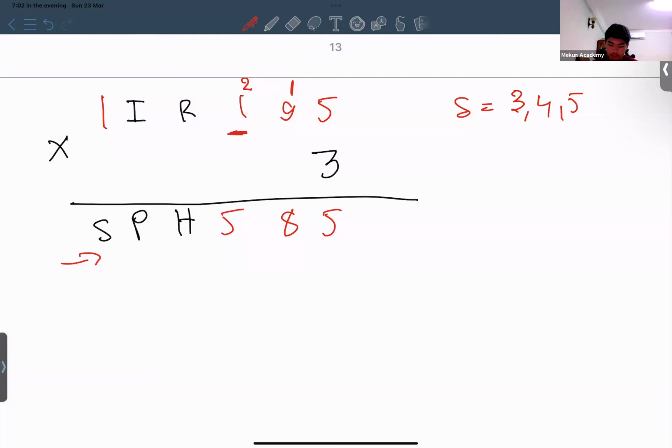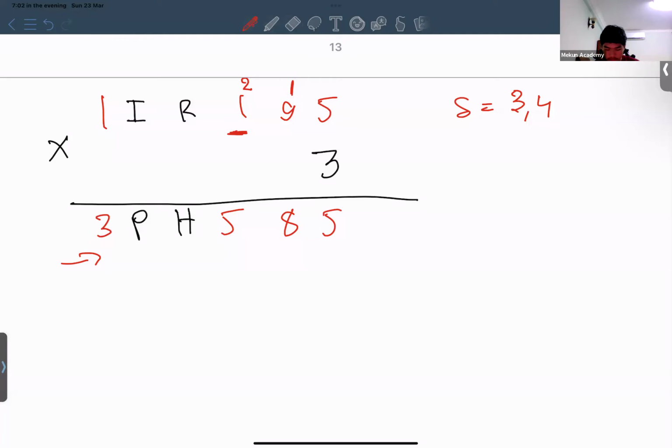Since 5 is already the value for E, S cannot be 5. And for H, you can just guess and check. So S could be 3 or 4, but I recommend you use the smaller number first. So for now you can just substitute S by 3.